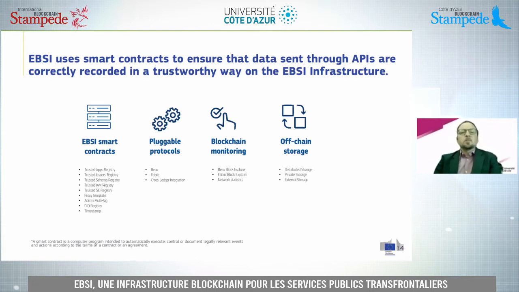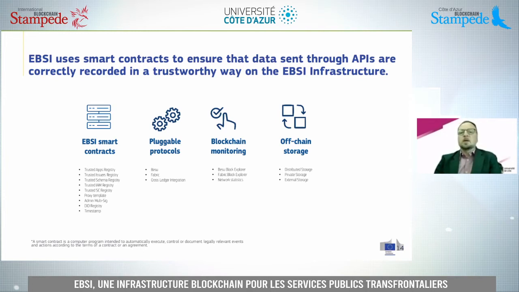We have several protocols for the moment, Hyperledger Besu and Hyperledger Fabric, and some tools to integrate across different ledgers. We have some blockchain monitoring tools for each of the protocols, the Besu Block Explorer, the Fabric Block Explorer, and some network statistics to check that everything is running smoothly.